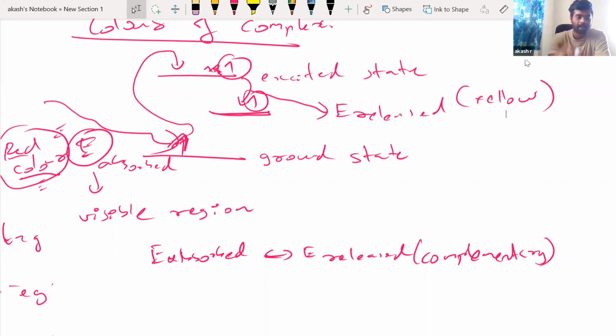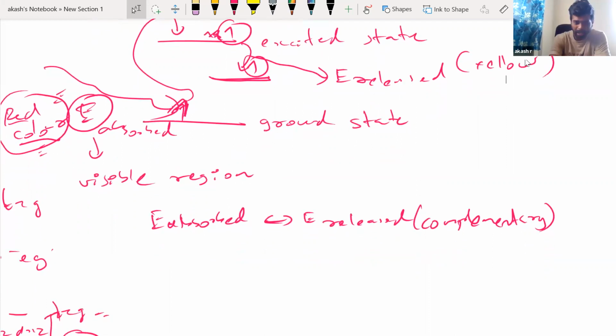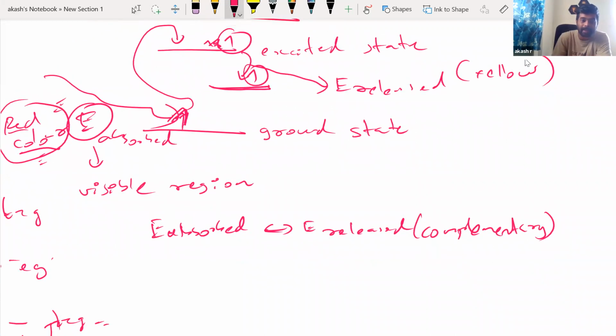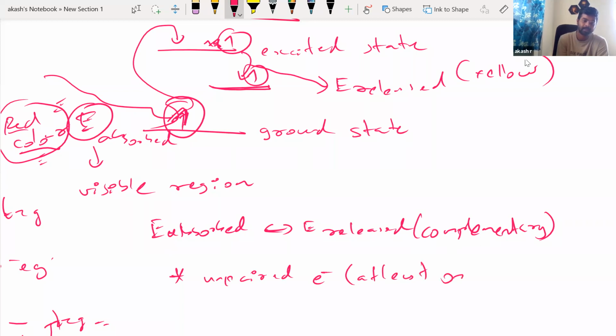Now, if you look into this carefully, we need some electron. The first condition is that we need at least one unpaired electron. At least one unpaired electron should be there. Only then it will be able to go to the higher energy level. Makes sense, right? You can ask me, sir, what if I have a paired electron?